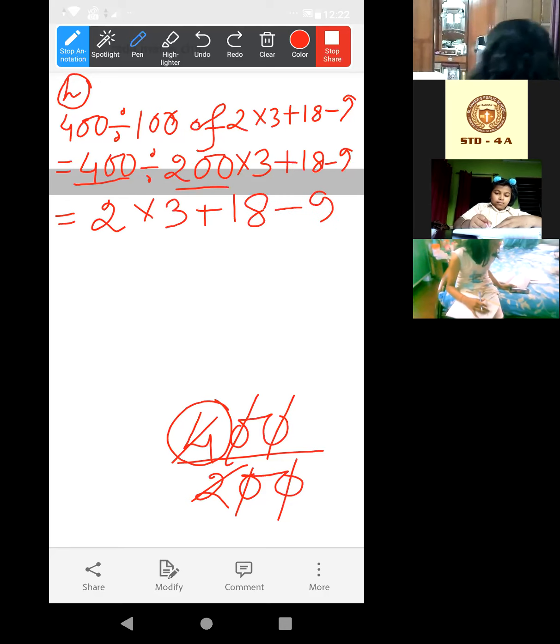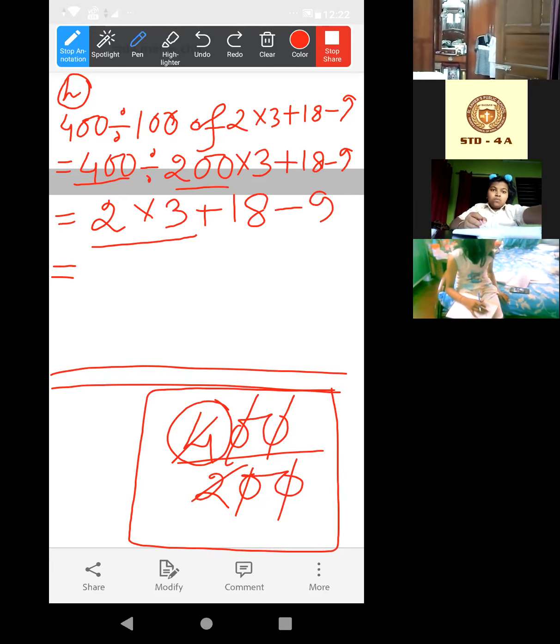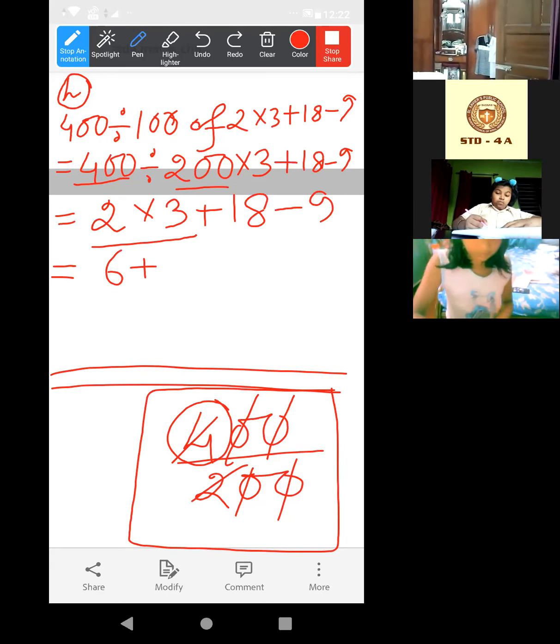Now complete it yourself. Now first this multiplication. 3 2s are 6. Complete it.